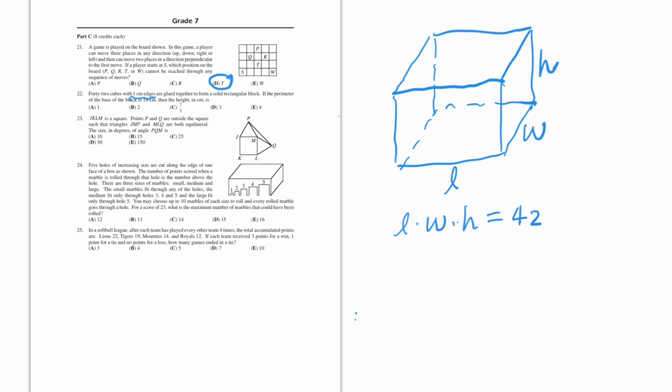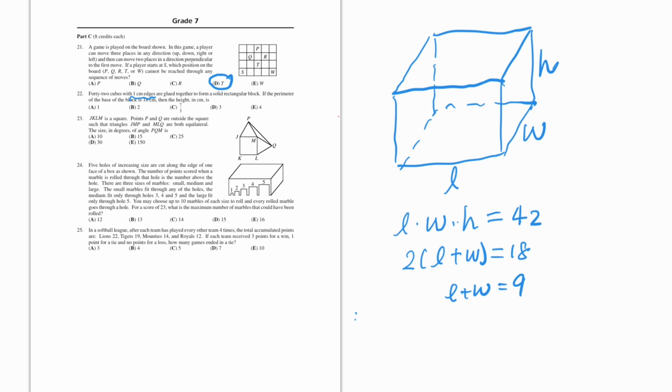And also we know the perimeter of the base, that's the 2 times length plus the width equal to the 18. So length plus width equal to 9. Now we have the 3 letters and the equation. We cannot solve the equation. We need inspection.